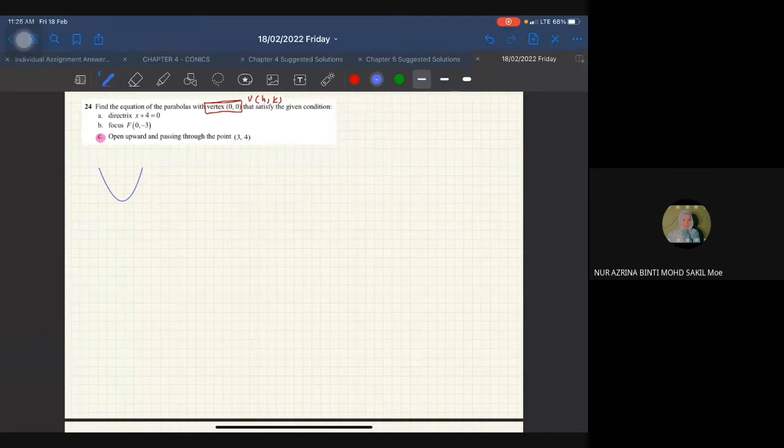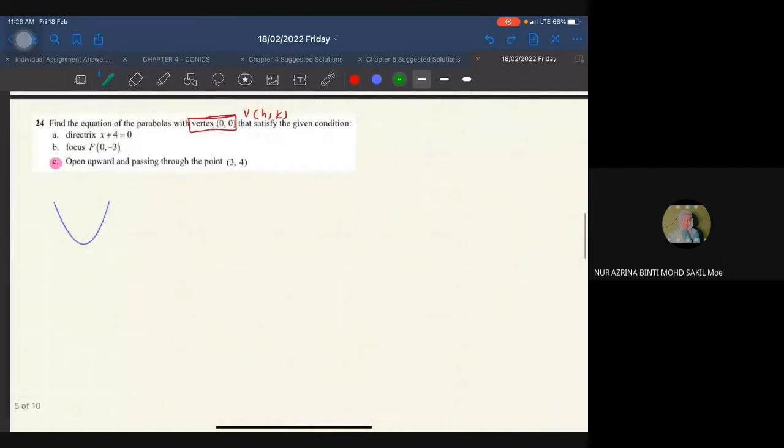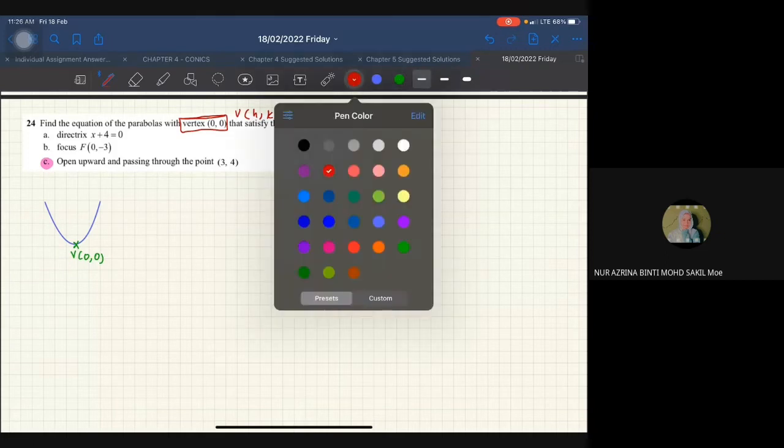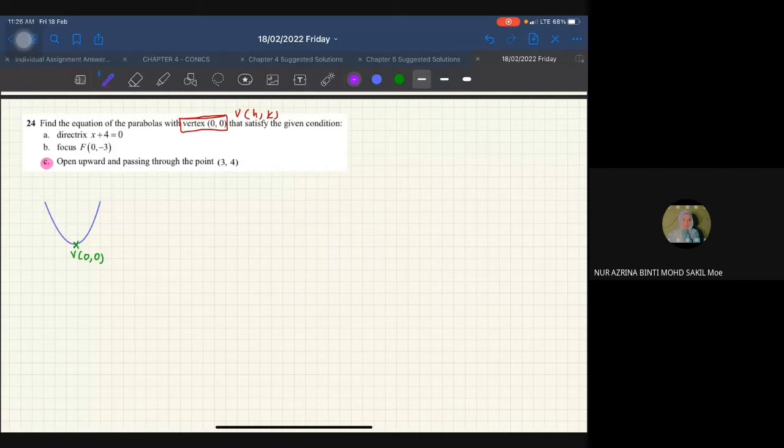Okay, and then dia passing through the point 3, 4. Okay, so this one is your vertex. Saya besarkan sikit. Okay, vertex awak duduk dekat bawah ni. This is vertex 0, 0. Okay, and then dia kata kita punya parabola ni, dia langgar satu titik which is 3, 4.